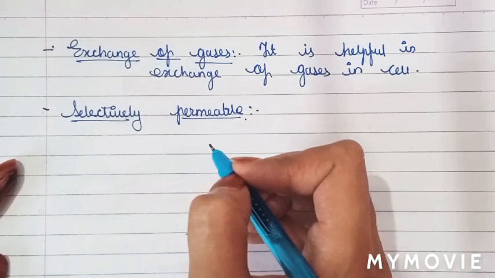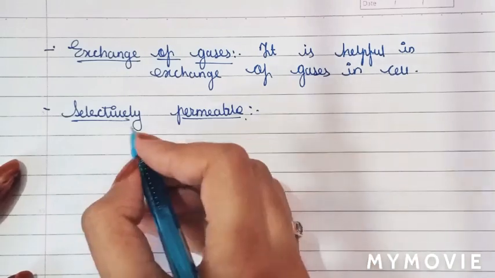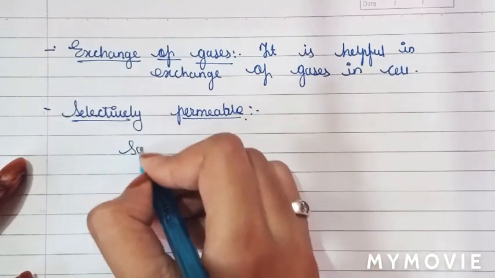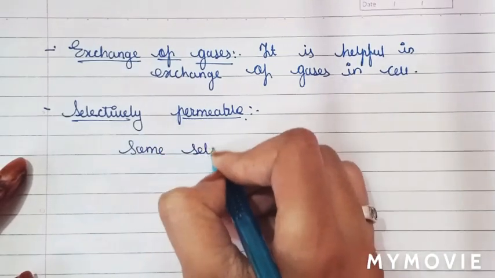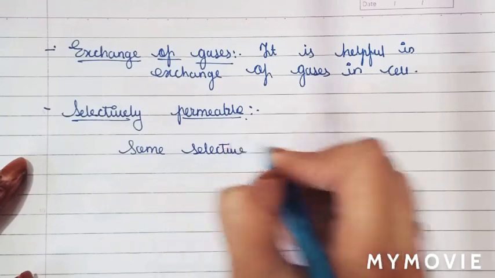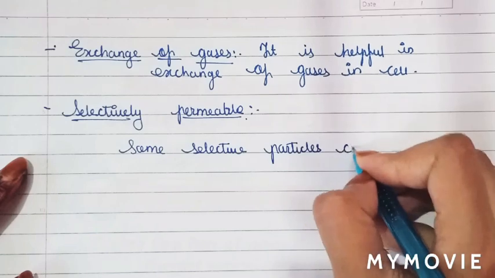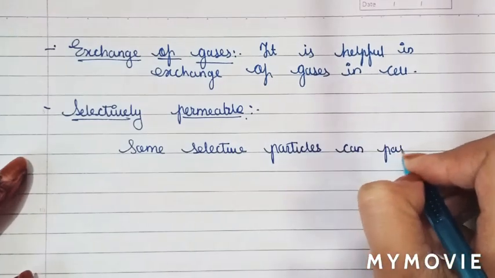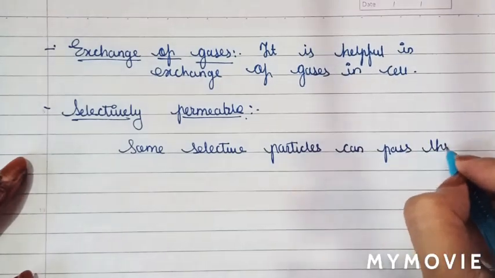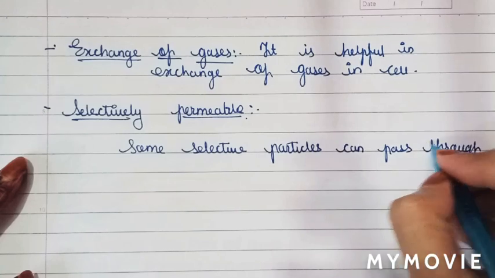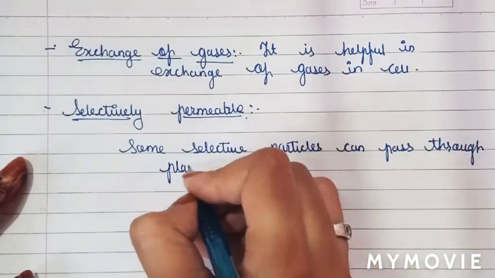Not all substances can pass through the plasma membrane. So we will write: some selective particles can pass through the plasma membrane, or the cell membrane.